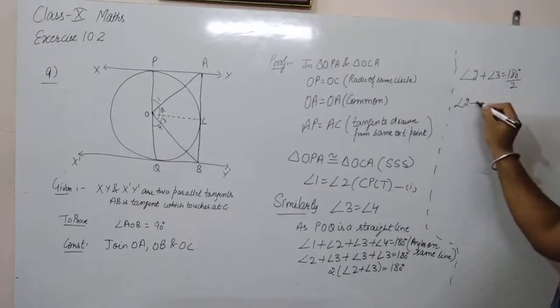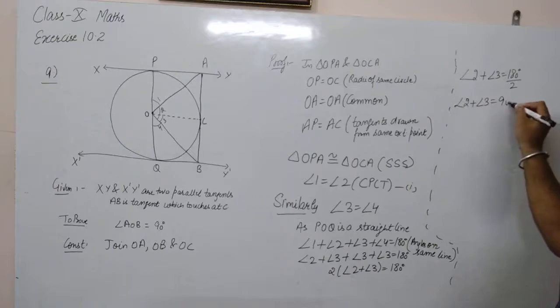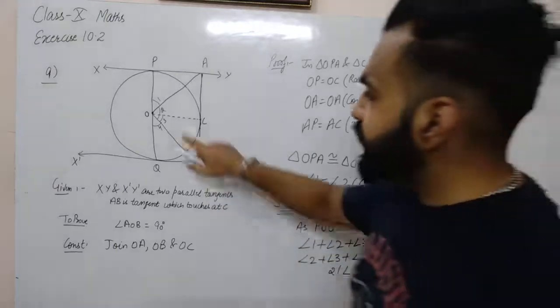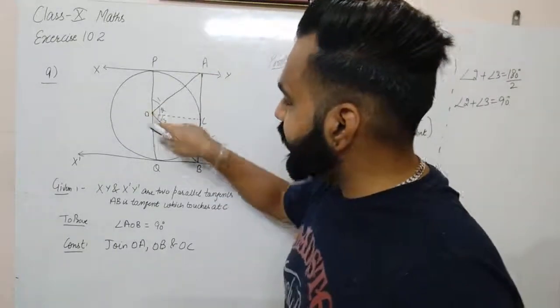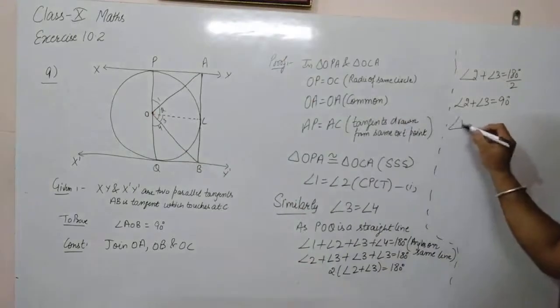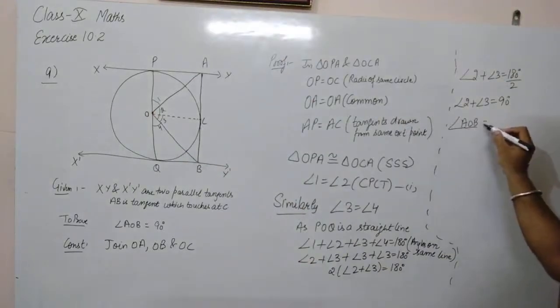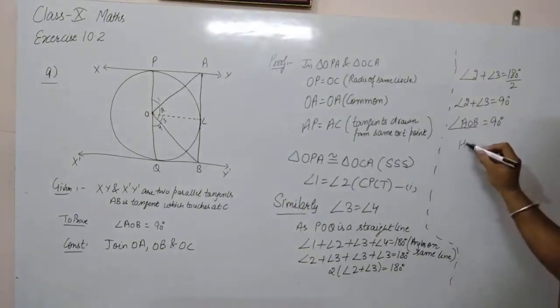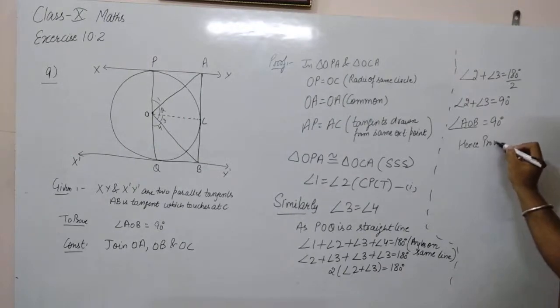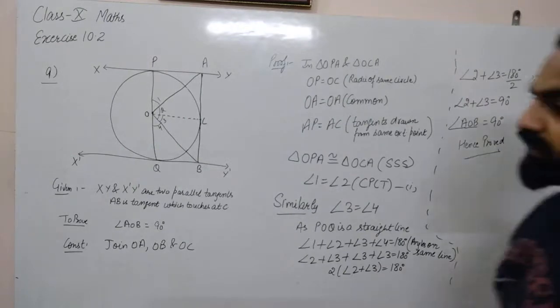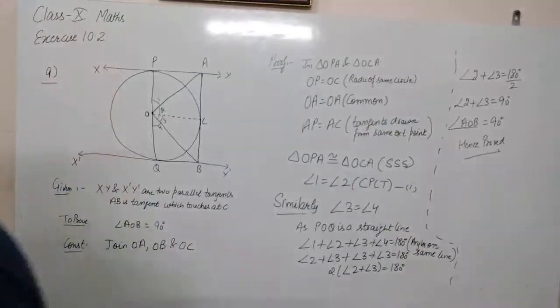So angle 2 plus angle 3 will be equal to 90. And what is angle 2 plus angle 3? This is angle AOB. So angle AOB will be equal to 90 degrees. So this was question number 9.